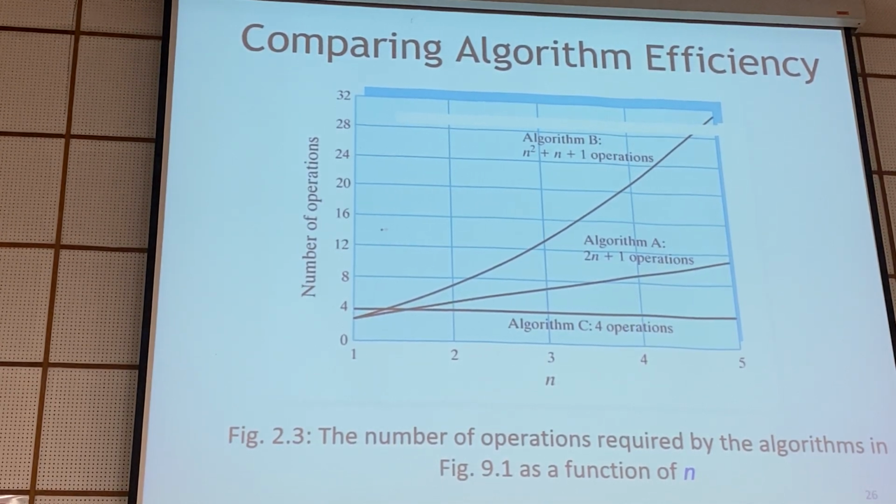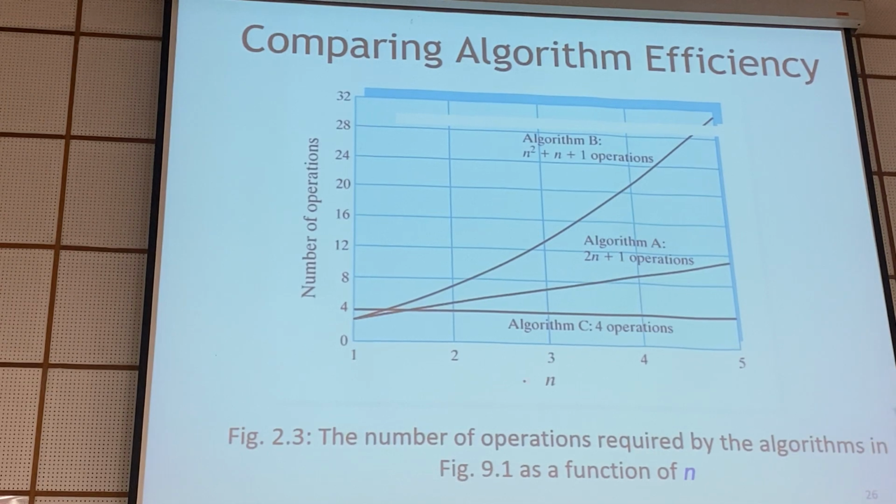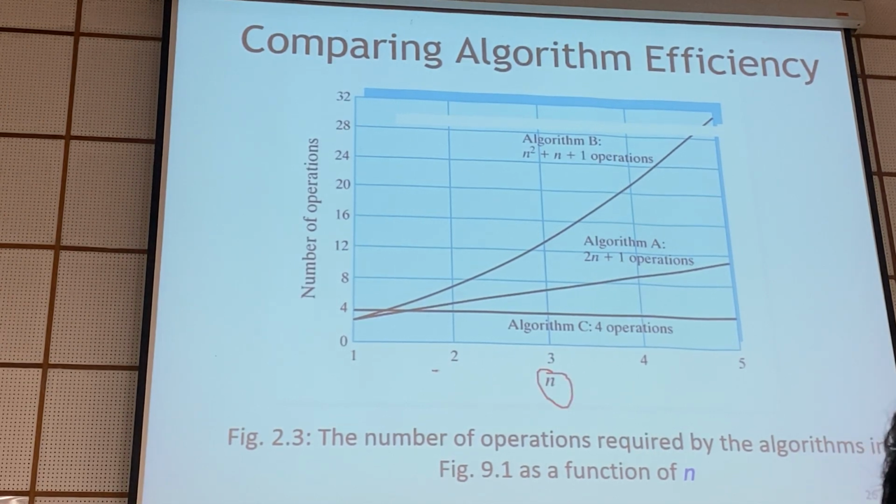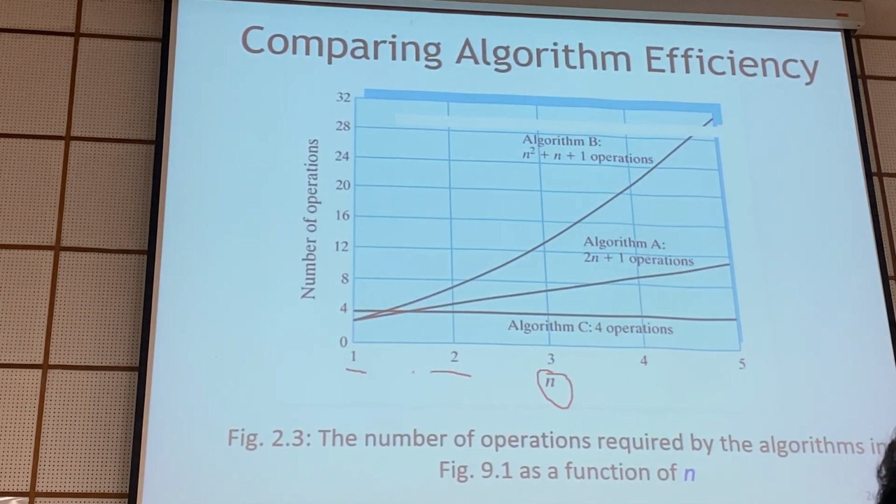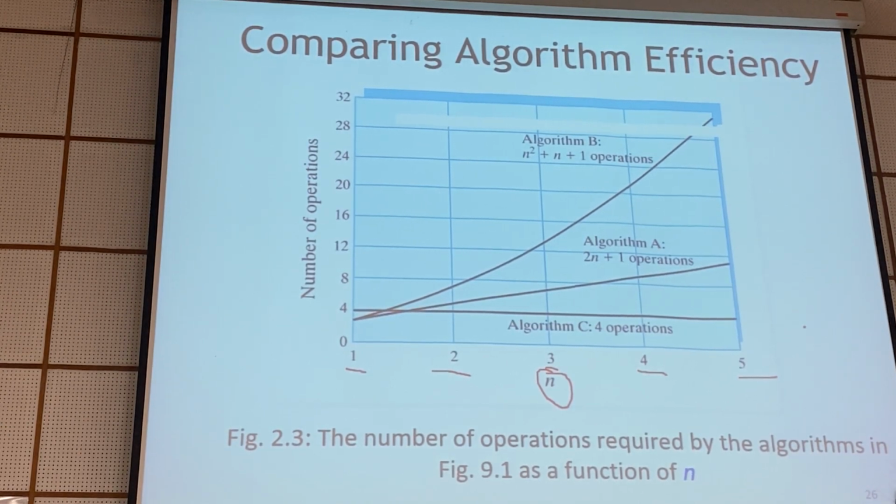We have n values here: if n is 1, n is 2, n is 3, n is 4, n is 5. Algorithm A's number of operations stays constant. What happened to algorithm B?